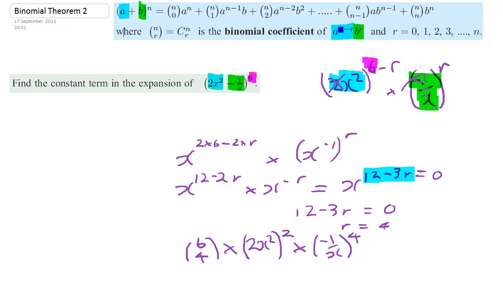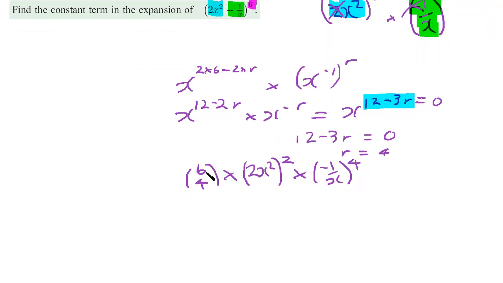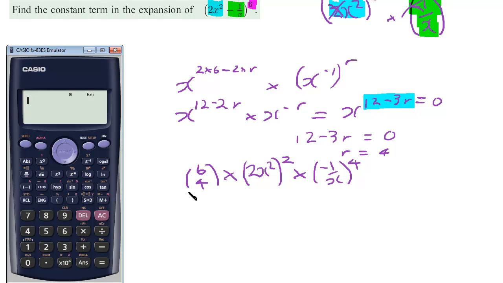Now I'm just going to give myself some more space to carry on working. So 6C4, using our calculator, equals 15.